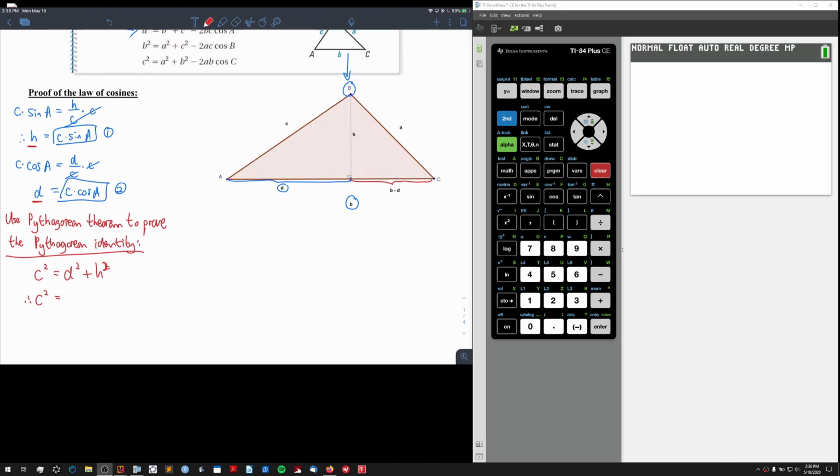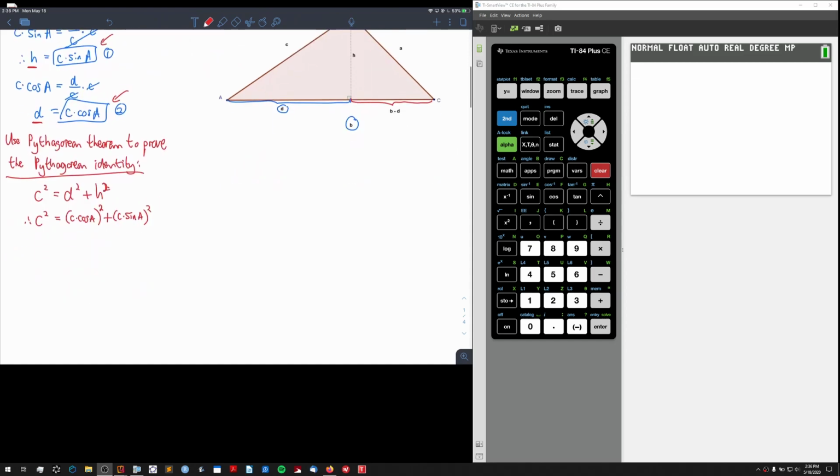D over here is C times cosine A, squared, plus H. H over here is C times sine of A, squared. Let's square this and keep going.